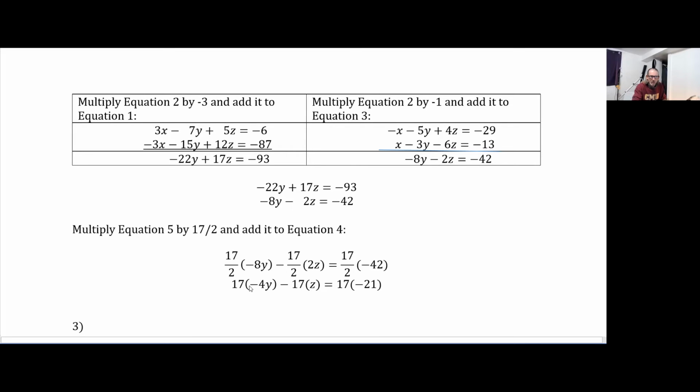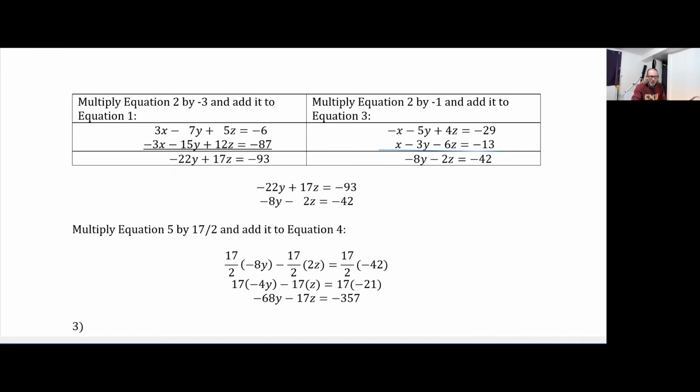And what I've done is I've used the fact that every coefficient there was even to reduce, and now I still have to multiply by 17. And here's what I get when I've multiplied by the 17. Again, I divided everything by 2 when I was reducing. Now I've multiplied by the 17.